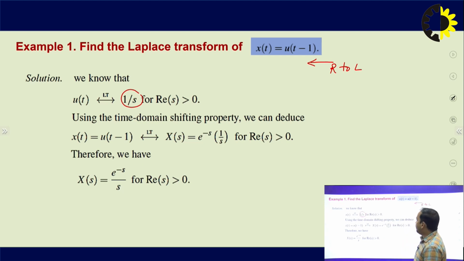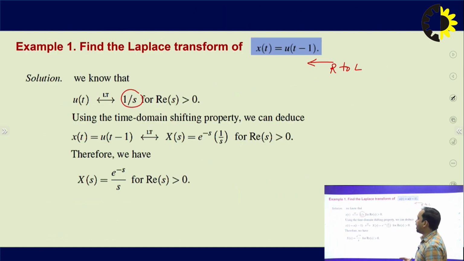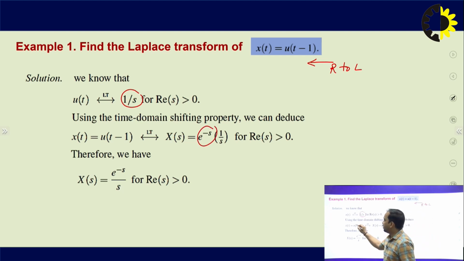But if we use the last property which we have seen, x(t minus t naught), there has to be a factor which is e raised to power minus s t naught. So for u(t minus 1), we have e raised to power minus s t naught multiplied by the transform of u(t), which is 1 by s.